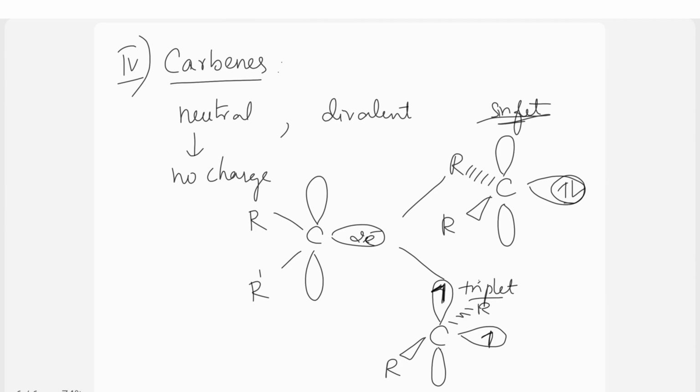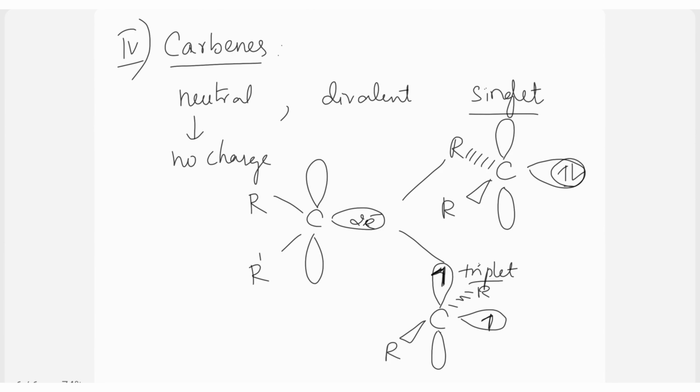So carbenes are expected to be in either singlet form or in the triplet form. Now if you look at the structural arrangement of singlet and triplet carbene, singlet carbene has sp2 hybridization, where out of 3 hybrid orbitals, 2 are utilized by the bonding atoms, 1 is utilized by the unshared pair of electrons, like the lone pair, and the unhybridized p orbital is left vacant.